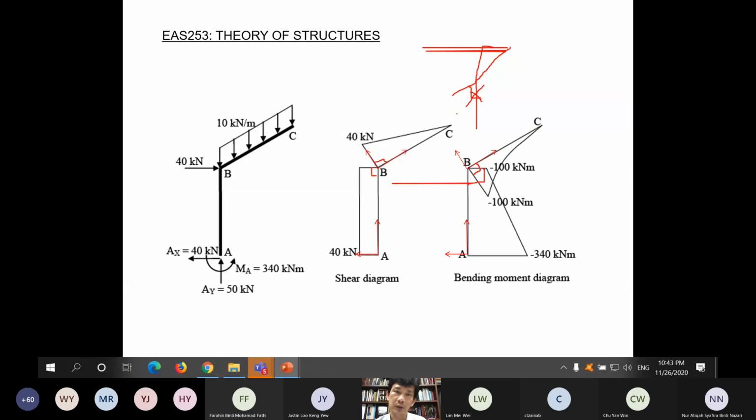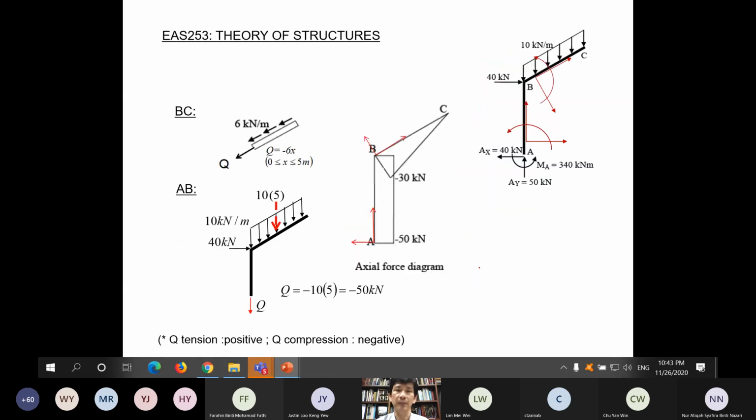Okay? Here it should be drawn 90 degrees to the member. The same thing here, 90 degrees to this member. For this part, make sure it is 90 degrees. Okay? Like drawing a graph. The same thing for the axial force diagram. It must be drawn 90 degrees perpendicular to the member. Then that is the correct way of showing that.